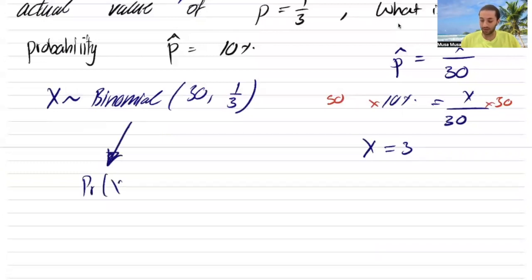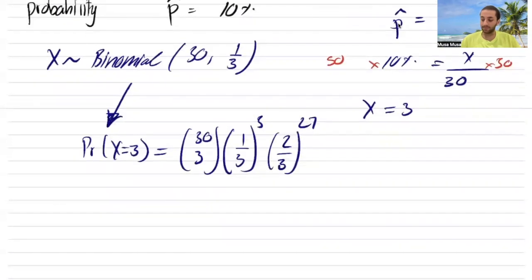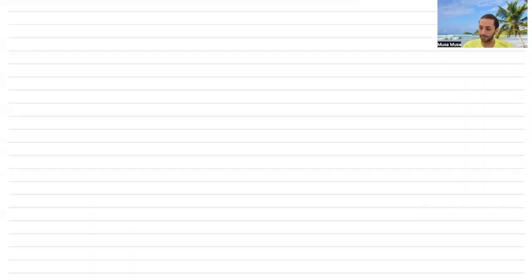You could say probability x equals 3 means out of the 30, you choose 3, and then it's a success 3 times and it's a failure the other 27 times. And you can find out what that value is. I hope that sort of makes sense. This isn't the type of question that we actually get, but I hope that sort of explains part of it at least.